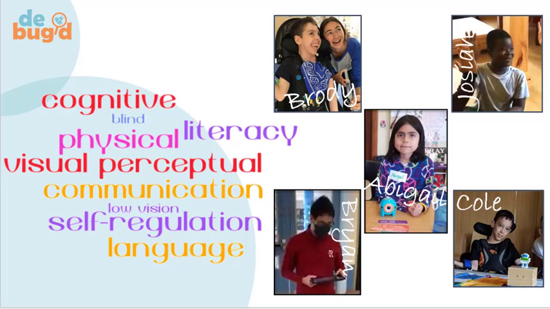Some have been nonverbal, both with and without formal communication systems. Some students had significant motor, cognitive, and sensory challenges. Some were at an emergent through early conventional reading and writing level. And some students had behavioral and social-emotional challenges.